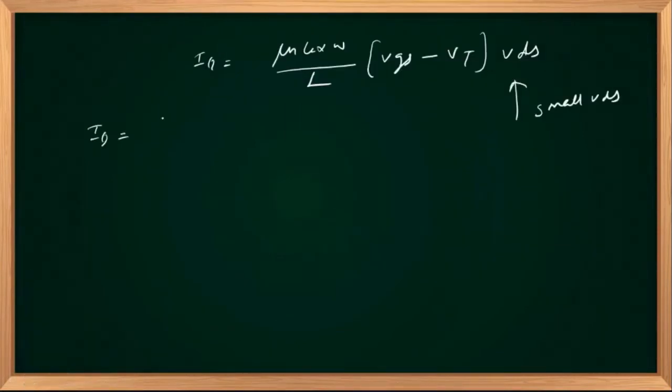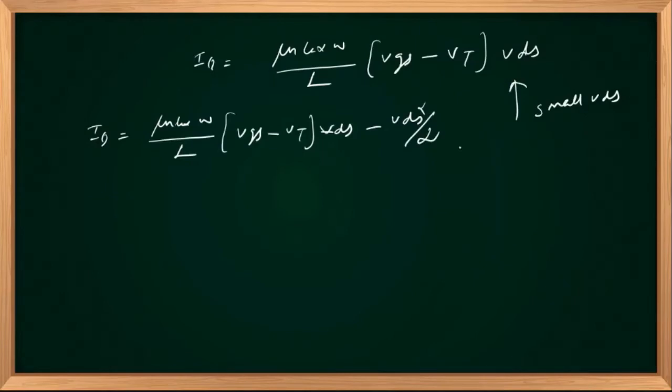So ID equals mu n C ox W by L into (VGS minus VT) into (VDS minus VDS square by 2) corresponds to the entire linear region.